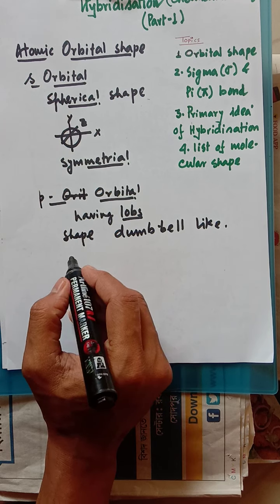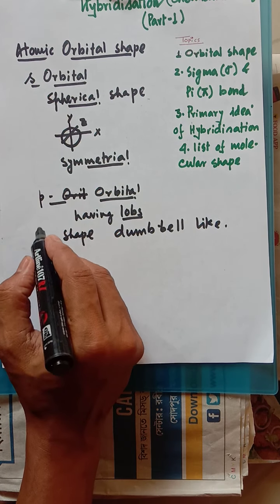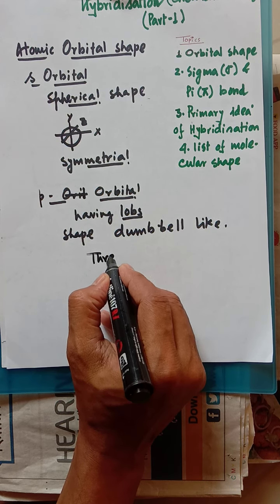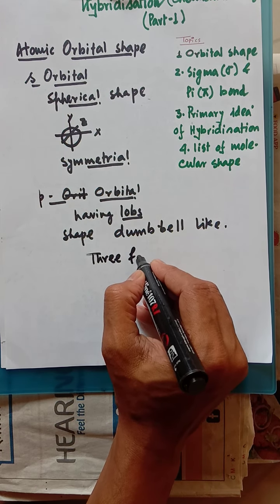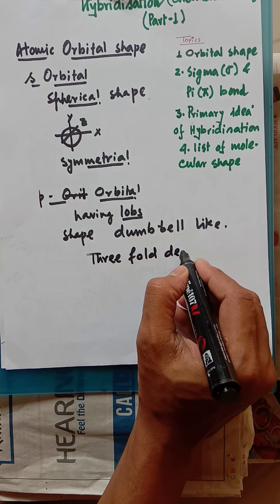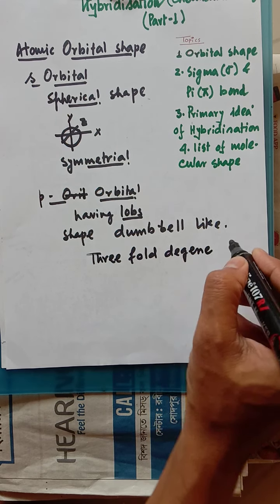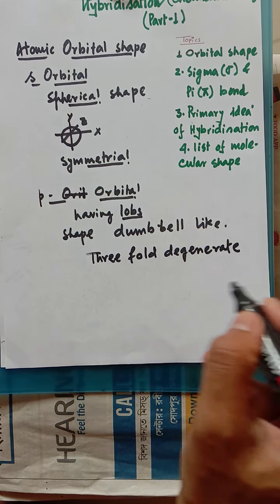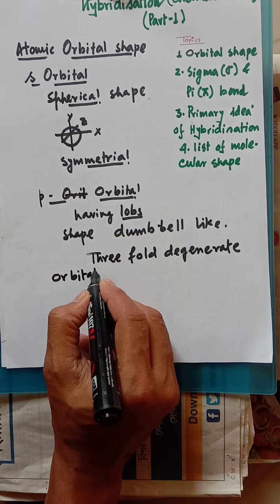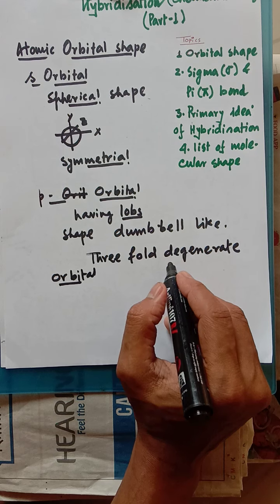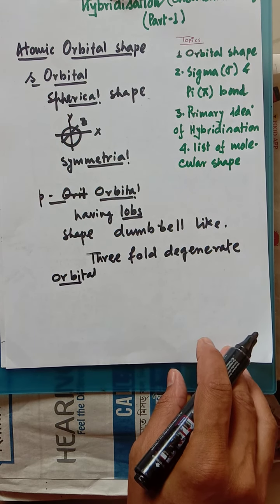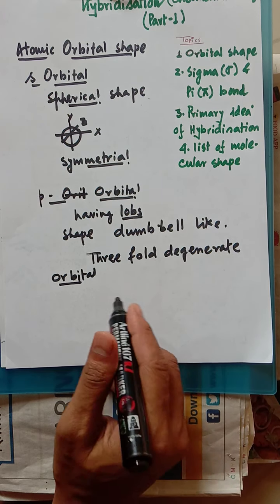What is the type of the shape? Let's see. P is a threefold degenerate or triply degenerate orbital. That means here we can see three different orbitals.